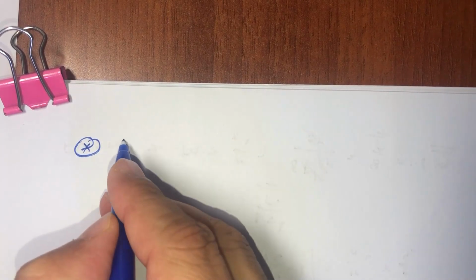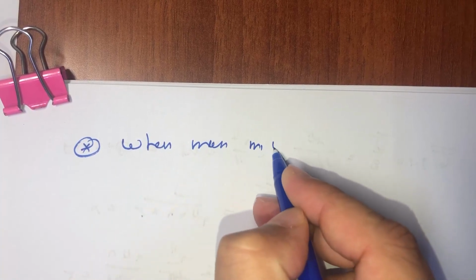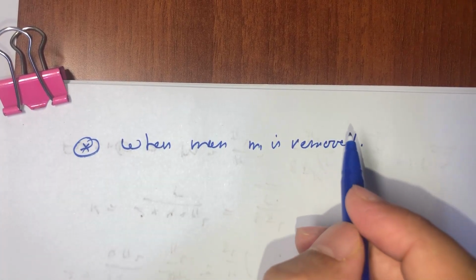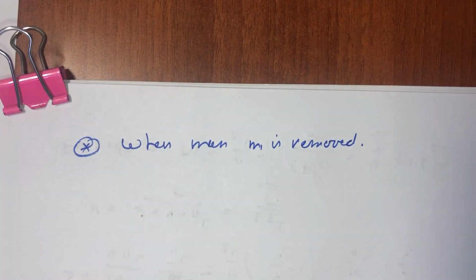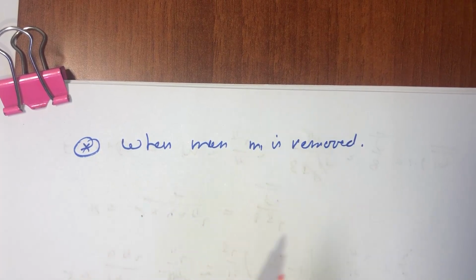Because m1 is removed, the spring is going to reach a new equilibrium position, and that position depends upon the displacement produced in the spring, which will now be because of only m2.